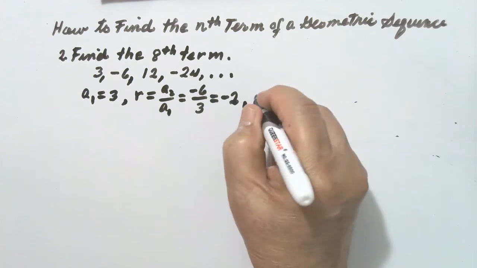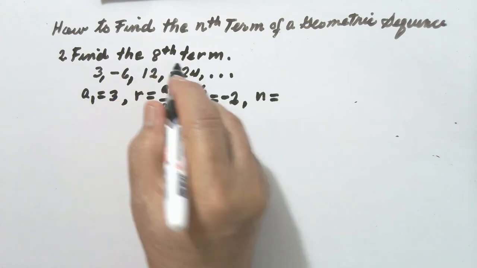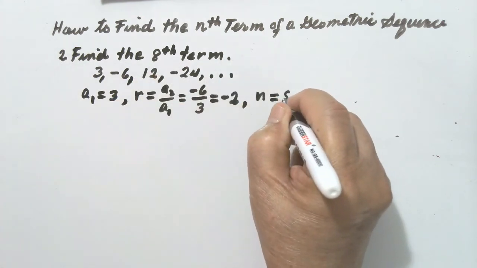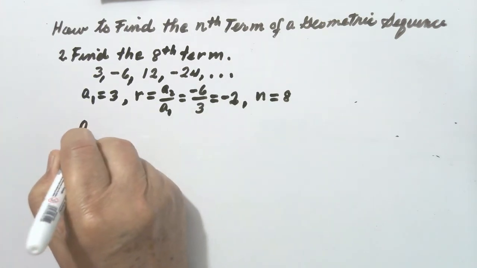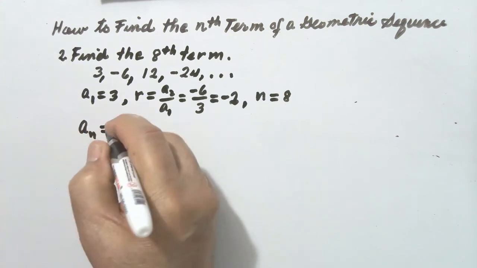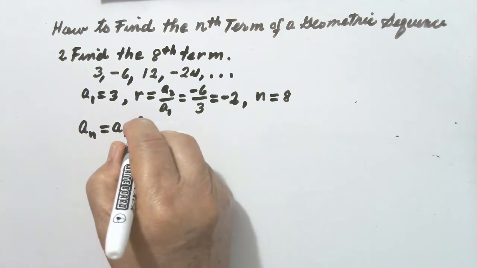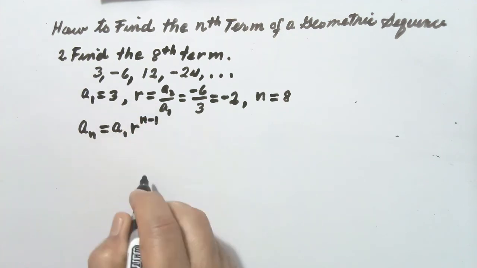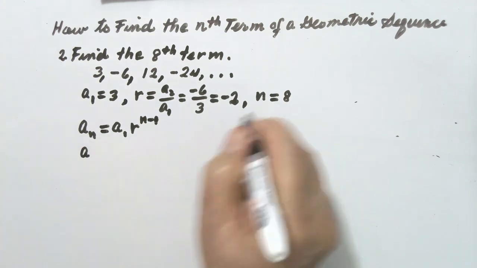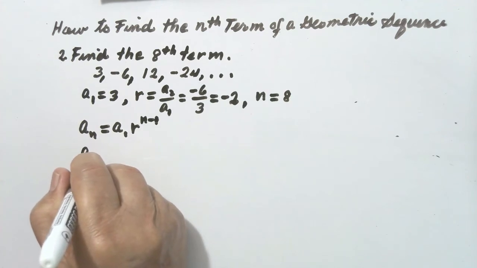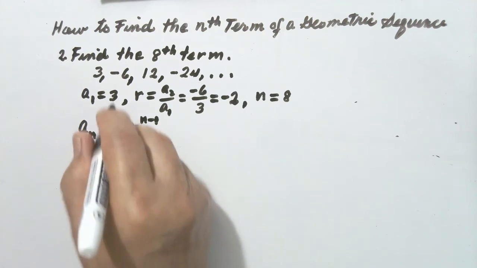And then determine n. It says find the eighth term. So our n is 8. And then write the formula. A sub n is equal to a sub 1 times r raised to n minus 1. So n is 8, so a sub 8 is equal to a sub 1, which is 3.